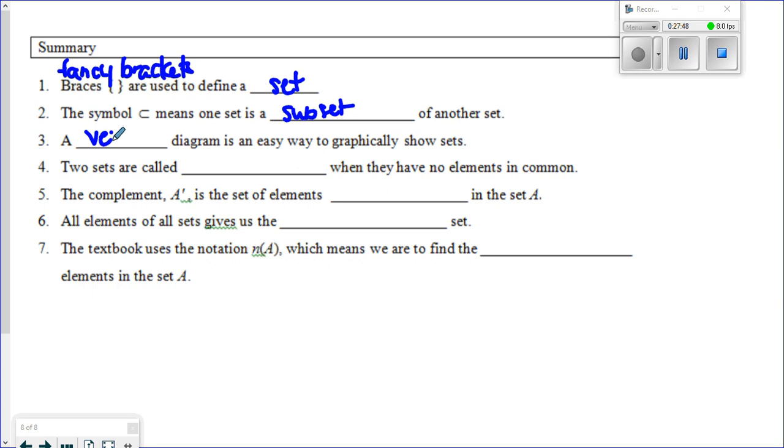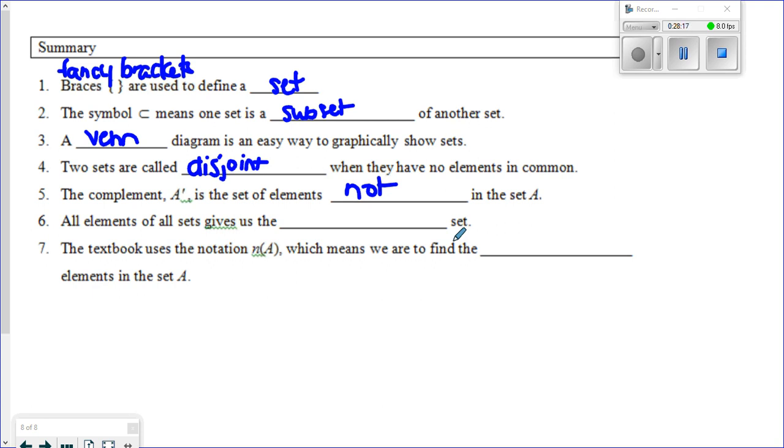A Venn diagram is an easy way to graphically show sets. Two sets are called disjoint when they have no elements in common. The complement, A prime, is the set of elements that are not within that particular set. So the complement of A is things that are not in A, but are within your universal set.